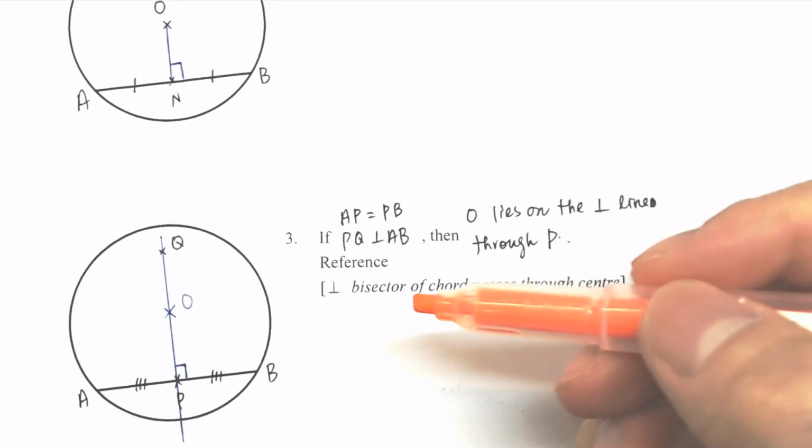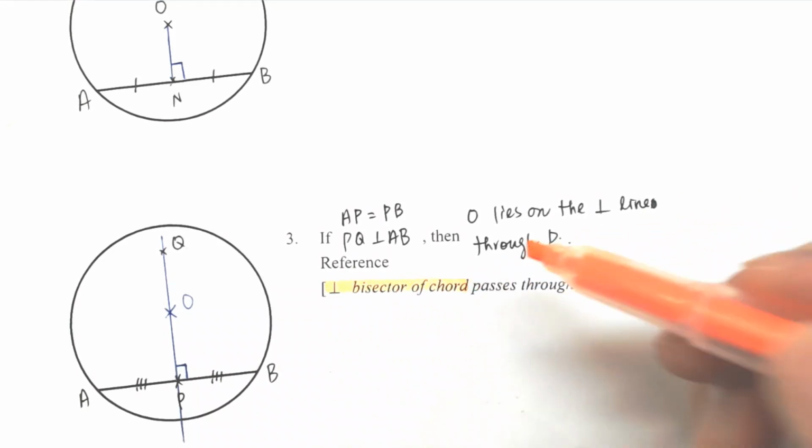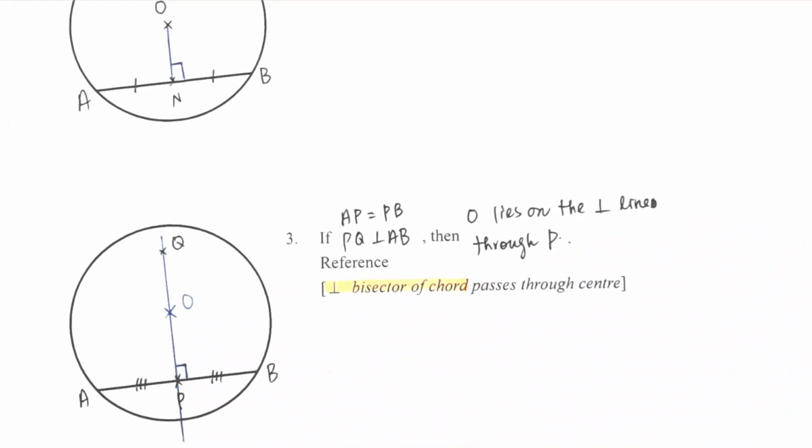The perpendicular bisector of chord is the condition, and the result is that it passes through center. So this is the third reference for you.